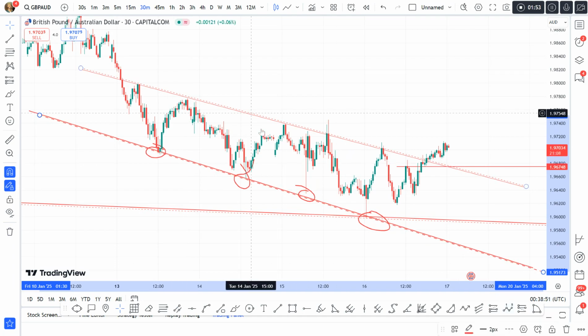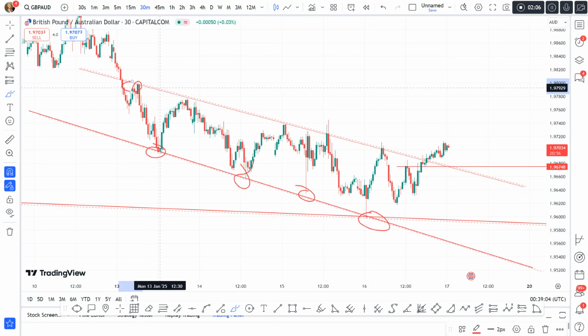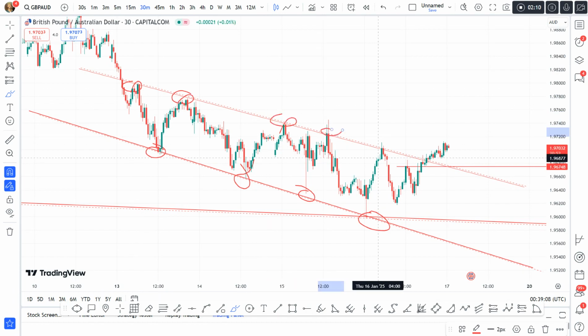The Australian dollar tries to recover from the British pound sterling gap, and at that level you see price creating a series of supply roofs in a descending bearish channel, indicating that the Australian dollar is winning the war.